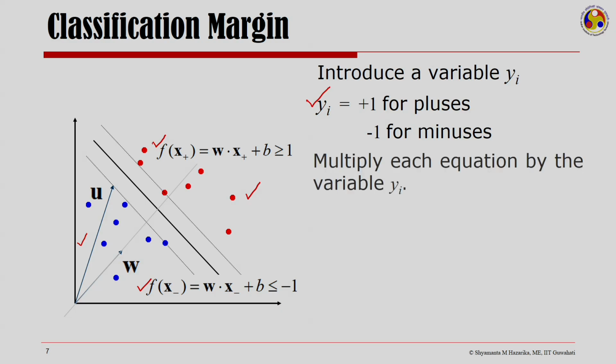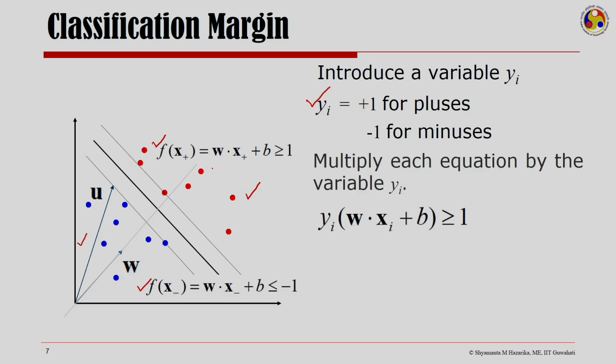Now, once we have this variable yi, and we multiply each equation by yi, we have a very interesting thing happening here. Let us look at what that is.